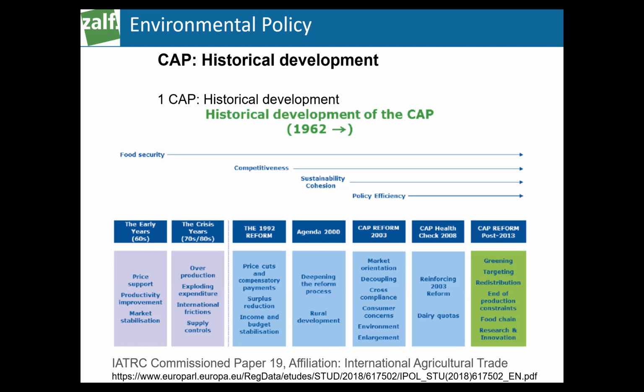And this decoupling was very important, because then the farmers had a certain orientation towards the world market prices and not anymore to the high intervention prices that were paid by the EU system. And to the same extent, the entire system was more market-based.